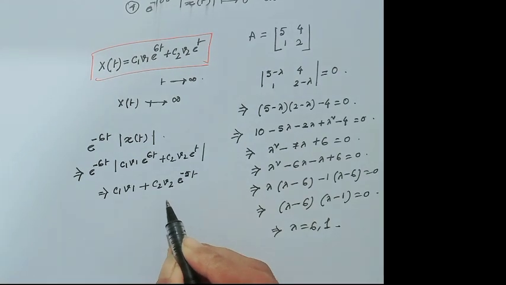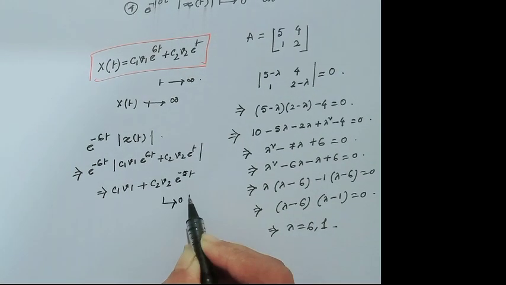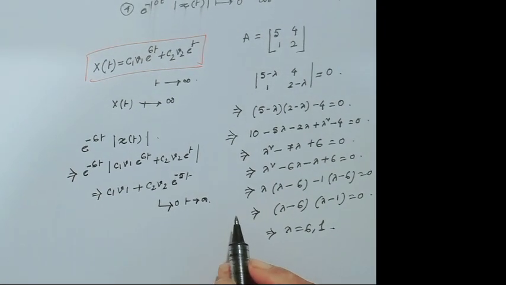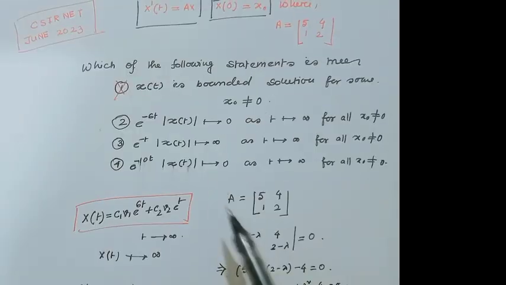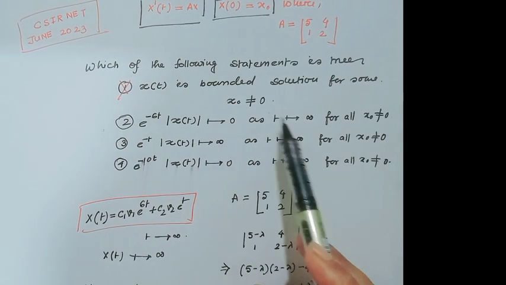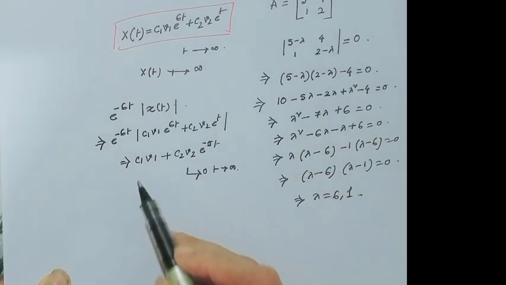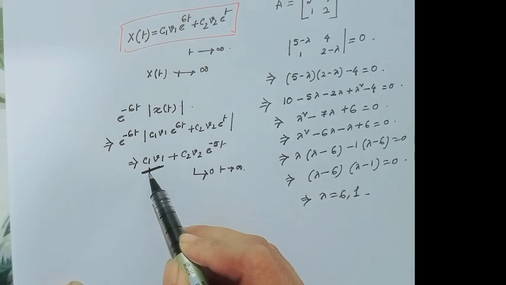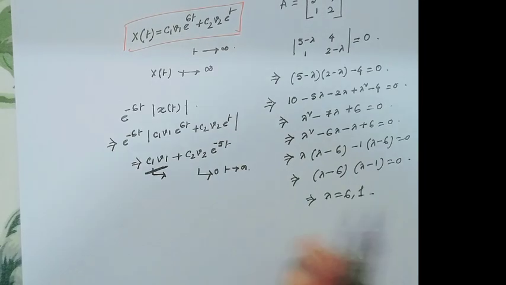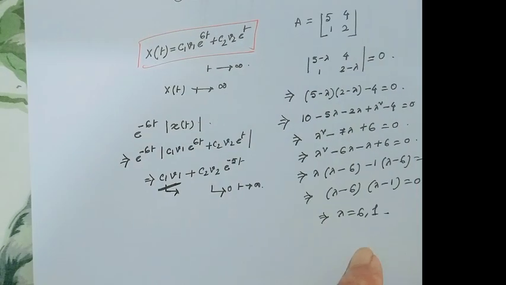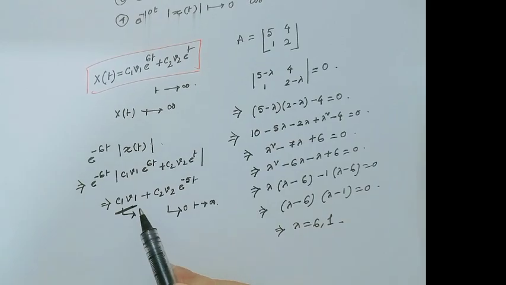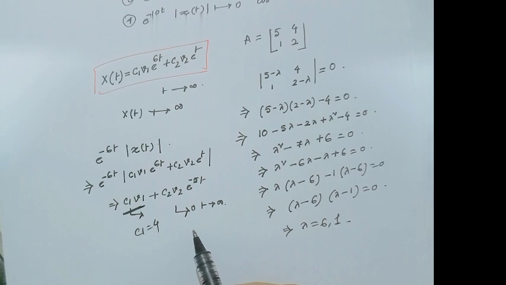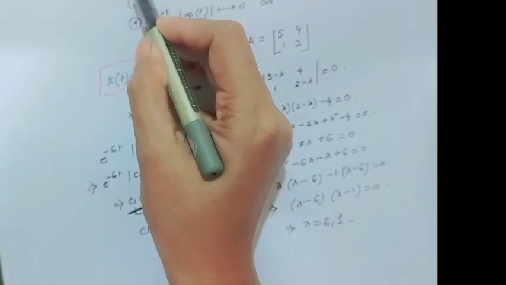As t goes to infinity, the second part tends to 0, but the first part c1 v1 does not tend to 0 unless c1 is 0, and c1 is not given. So this does not tend to 0 in general, and option 2 is also a wrong option.